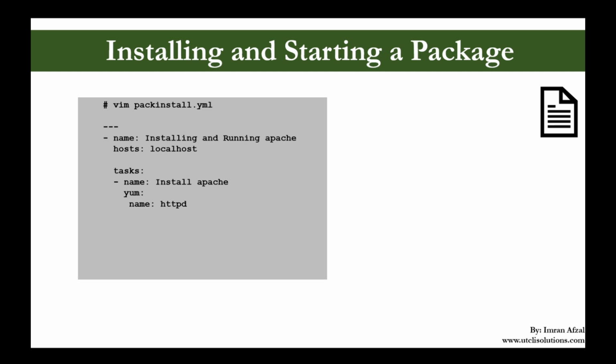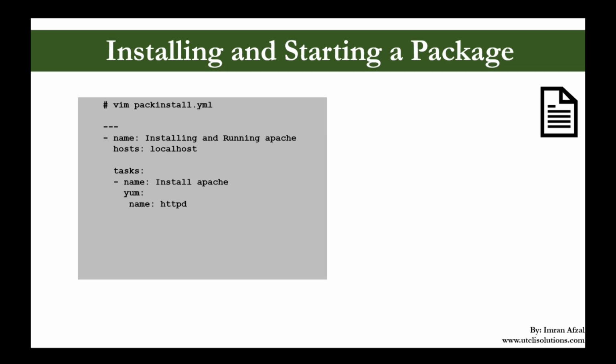Now, this is the exact name that you would use as if you are running yum install followed by the package name, or dnf install followed by HTTPD. This has to match that package. Once we have it, what do you want it to do with this? The name is general information. You want to install the package, and we will be using the yum command, but we could also do remove using the yum command, and a lot of other functions.